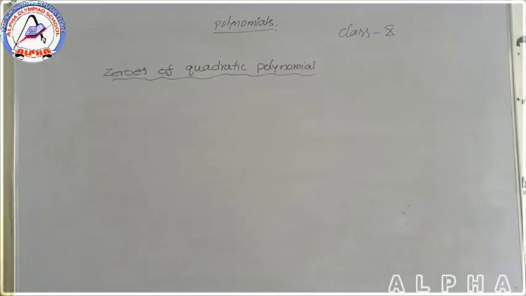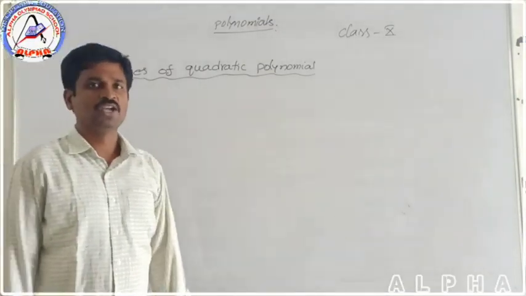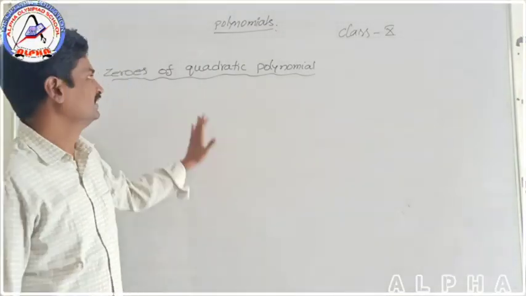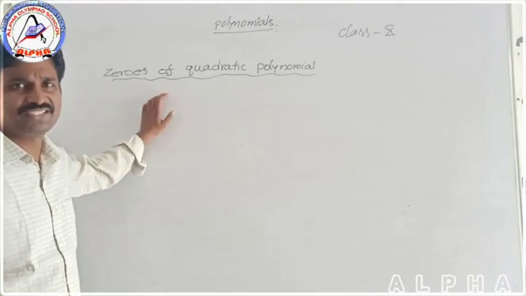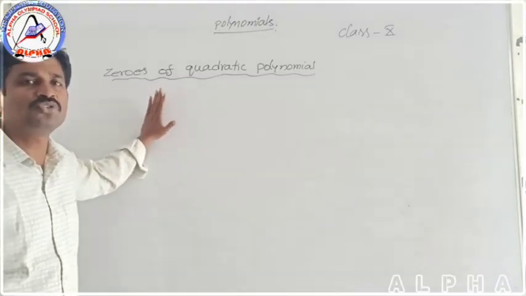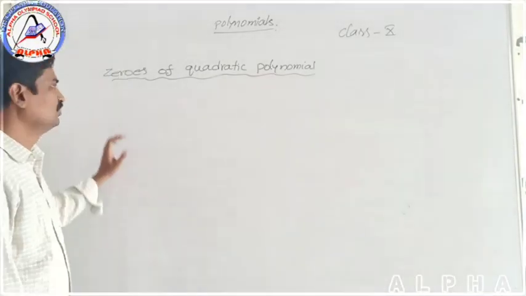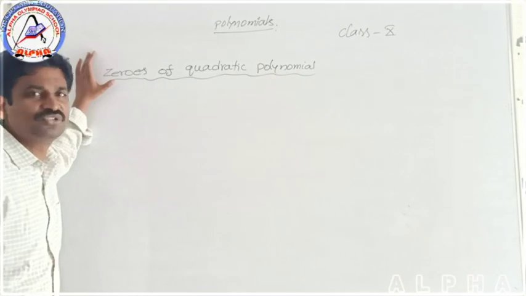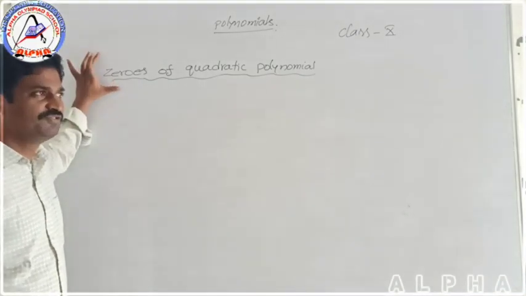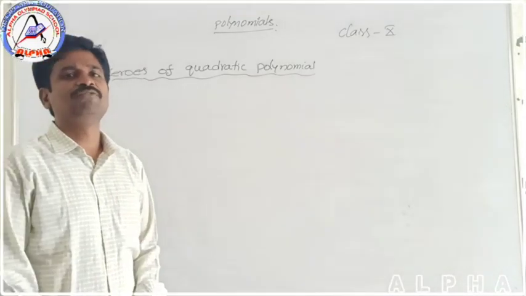Next one, zeros of a quadratic polynomial. Quadratic polynomial means its degree is 2. If its degree is 2, then the polynomial has at most two zeros. That means the number of zeros of a polynomial depends upon the degree of the polynomial.